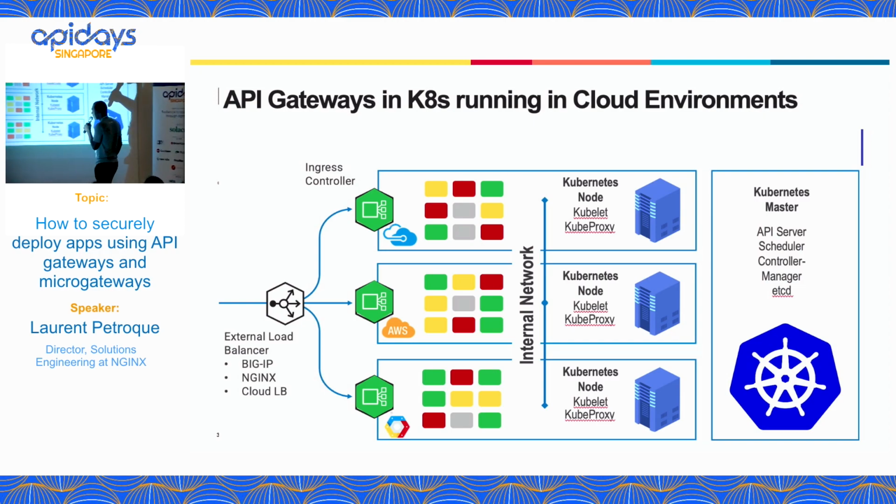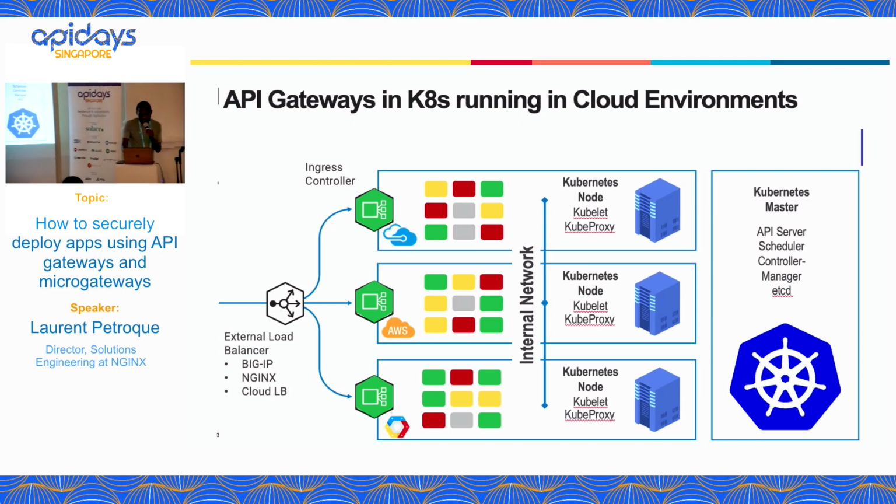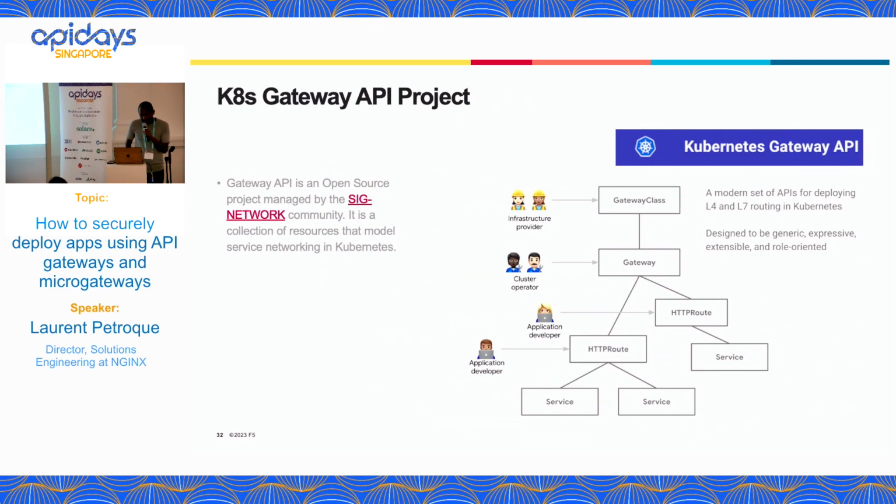Why would I rely on a specific team to select or filter the traffic and divert it to my API gateway, and from my API gateway route it to the different services? So in order to make it easier, there is another project that I wanted to share with you, which is the Kubernetes Gateway API.